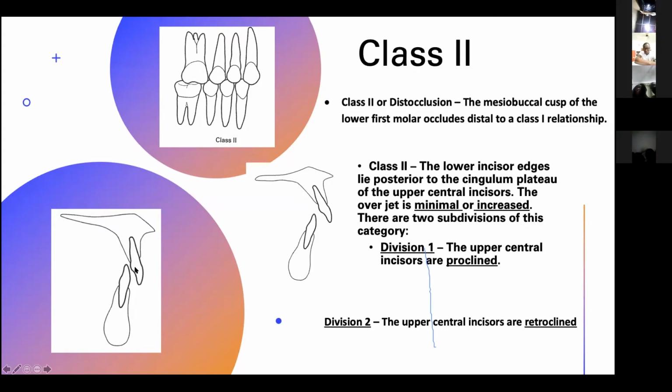So for class 2, you can have the maxilla protruding forward, and if it's protruding forward within a certain degree, then that's proclined. And if there's still a gap but it's pushing back, then that's retroclined. But it's still a class 2 because there's approximately 2 to 6 millimeter gap between the maxilla and the mandible, the centrals.